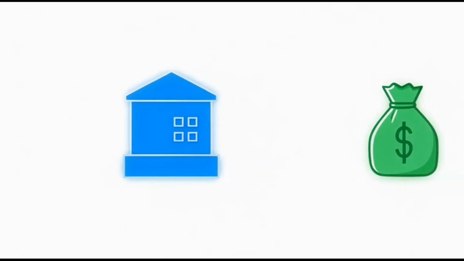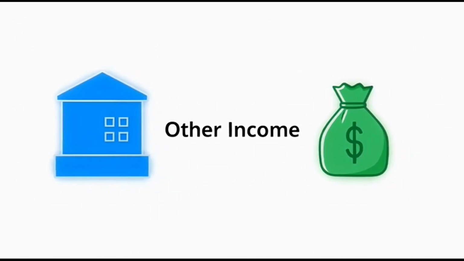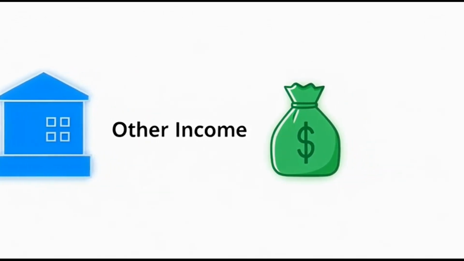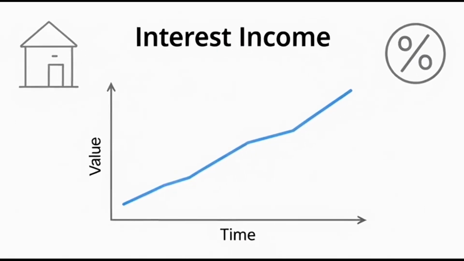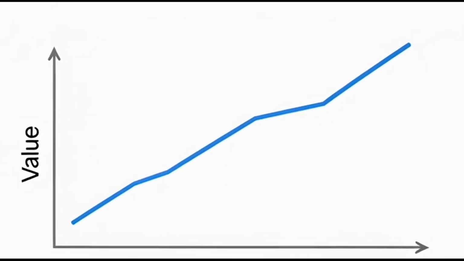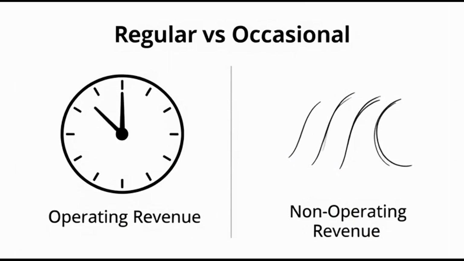Non-operating revenue comes from other sources. For example, interest earned from investments. Operating revenue is regular, while non-operating is occasional.